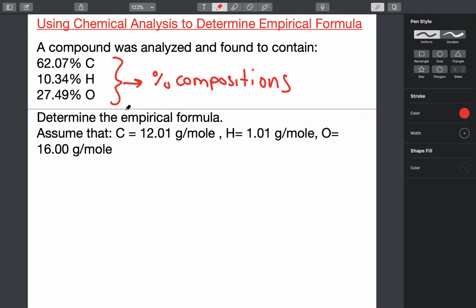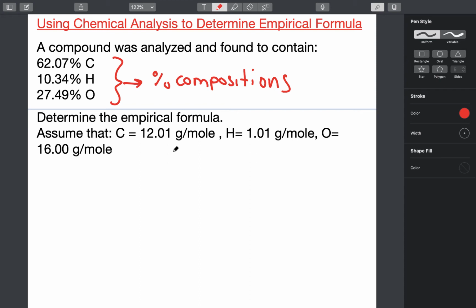Determine the empirical formula using these percent compositions, and down here I have the particular molar masses that I want you to use. So if you want to try this for yourself, I encourage you to do so. However, if you just want to watch in this video, you are free to do that as well. So with that, let's go through this together.